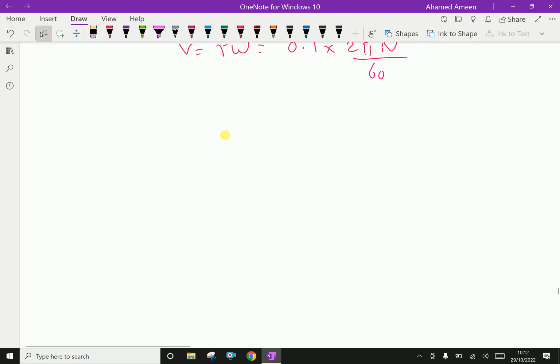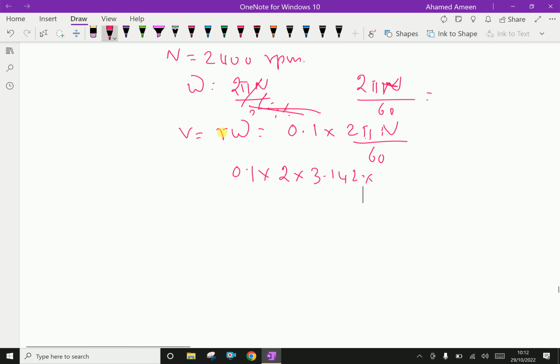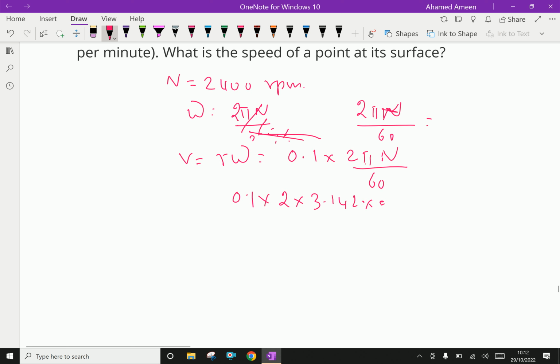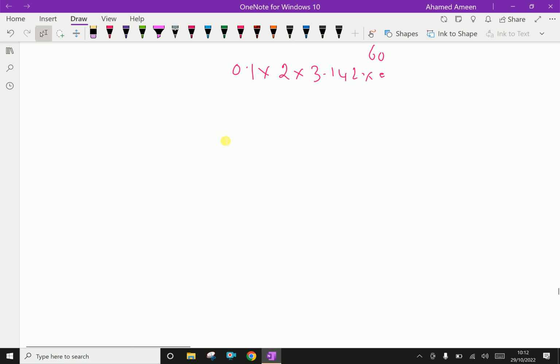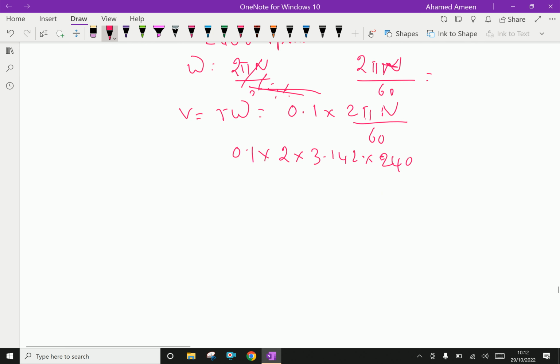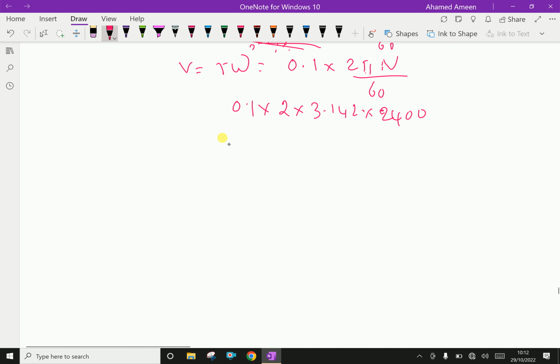We write 0.1 into 2 into 3.142 into rpm 2400 over 60, which is equal to 25.137 meter per second.